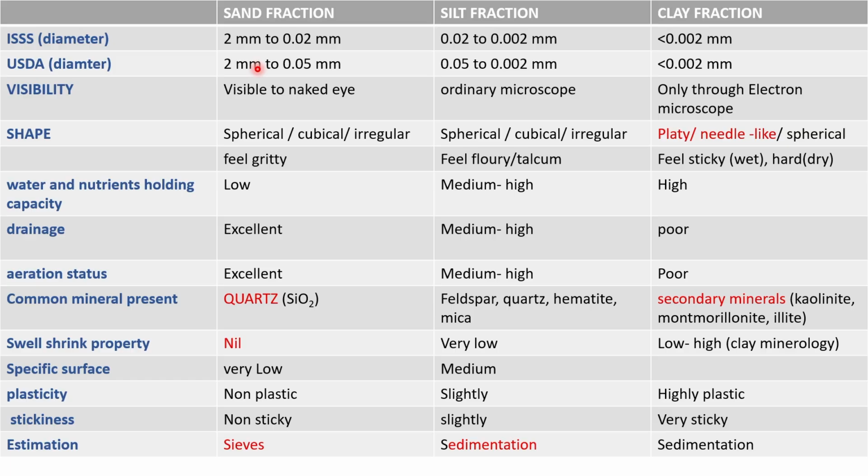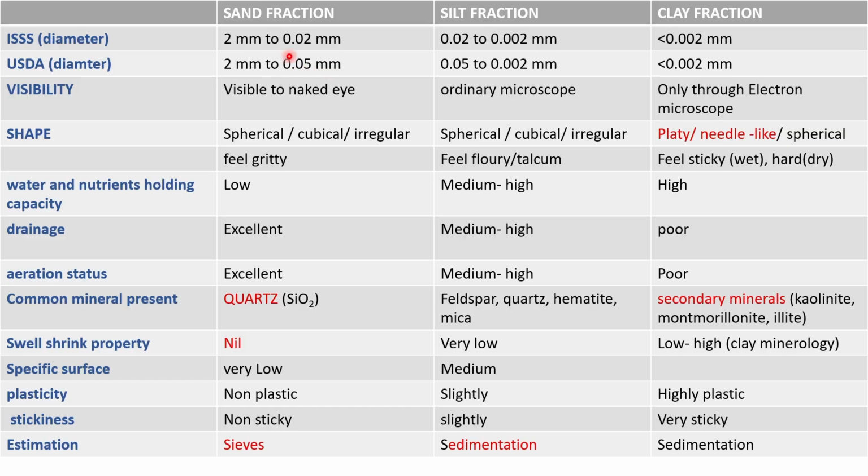You can see the particles directly with our eyes. So it is visible to the naked eye. Before that, you have to look at the classification of diameter according to ISSS and USDA: 2 to 0.02 millimeter, and 2 to 0.05 millimeter for the sand fraction.